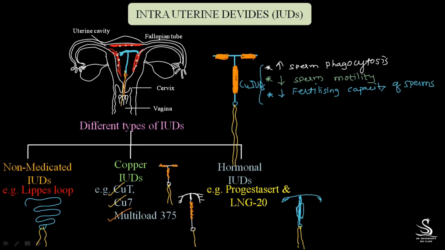Now, if the hormone-releasing IUD is fixed, then what will happen, students? Hormones start to release over here. What hormones are these? These hormones may be progesterone or estrogen. And whenever the IUD is placed, of course, by that time inflammation also occurs. If inflammation occurs, then whether these IUDs are going to help in increasing the sperm phagocytosis or not?